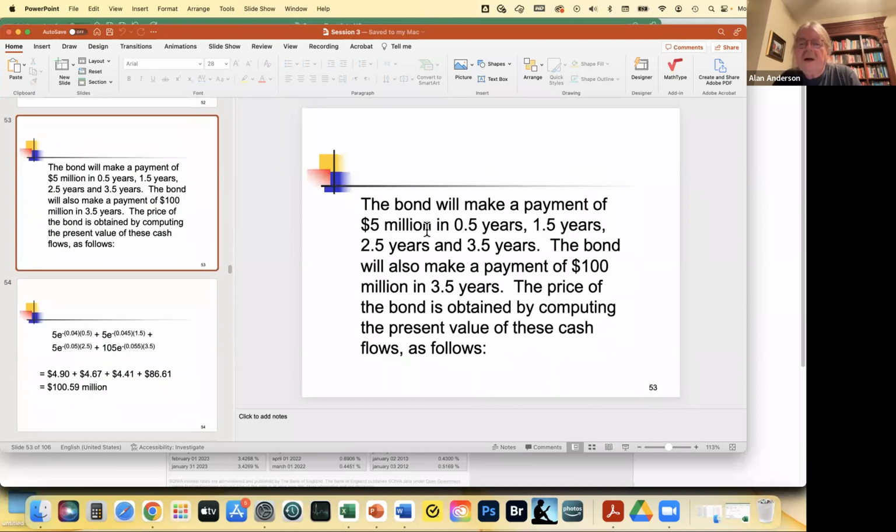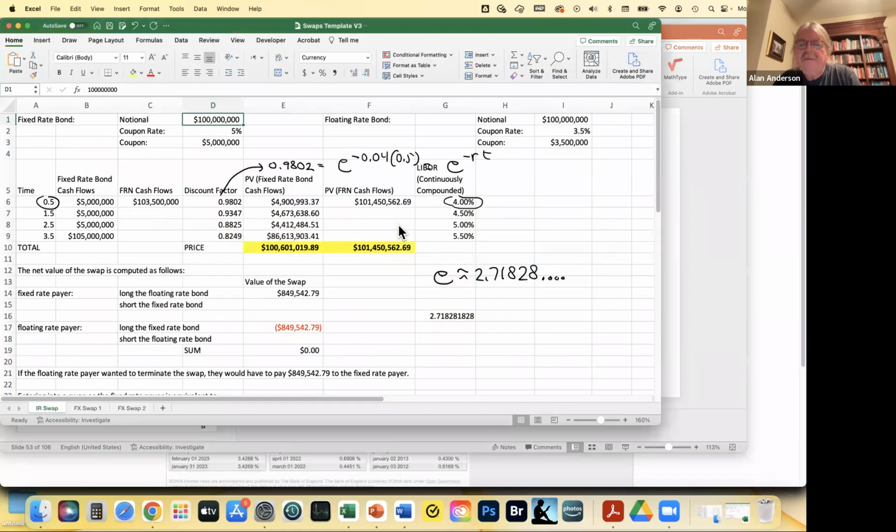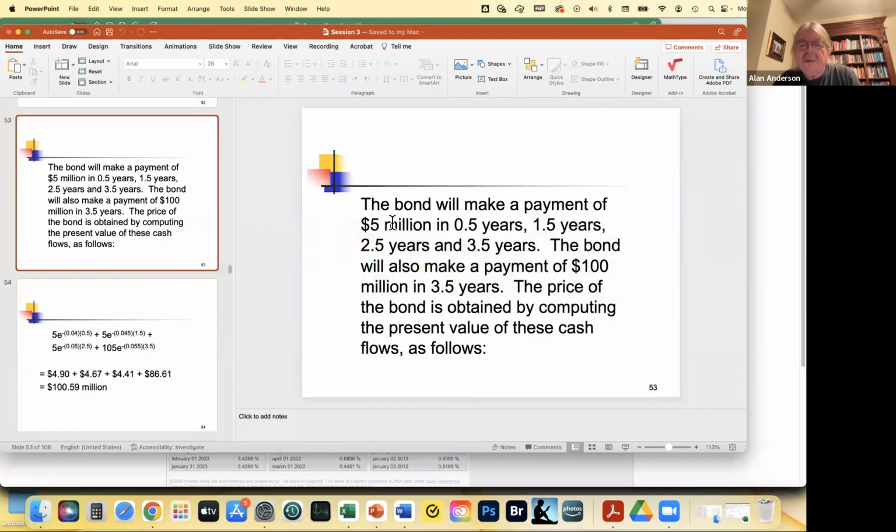Now, the fixed rate bond will make the following cash flow payments. $5 million will be paid out in 6 months, a year and a half, 2.5 years, and 3.5 years. And then one final payment of the principal of $100 million in 3.5 years.